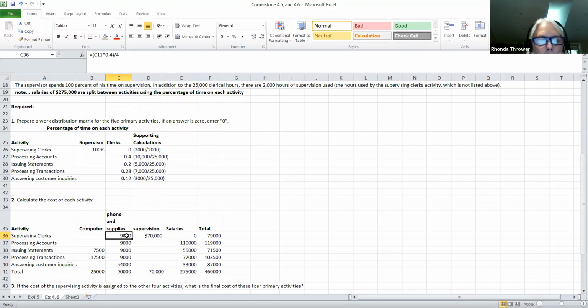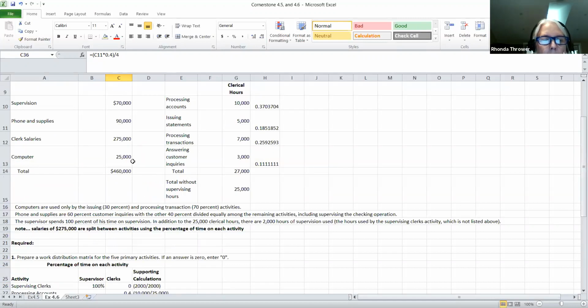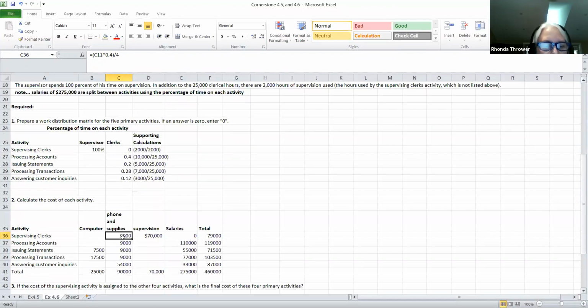So 40% of the $90,000 would be divided by the 4 remaining activities, which will give you $9,000 for each of the 4 remaining activities. And then I totaled it up just to make sure I had everything calculated right. That total should come back to $90,000 as a system of checks and balances.